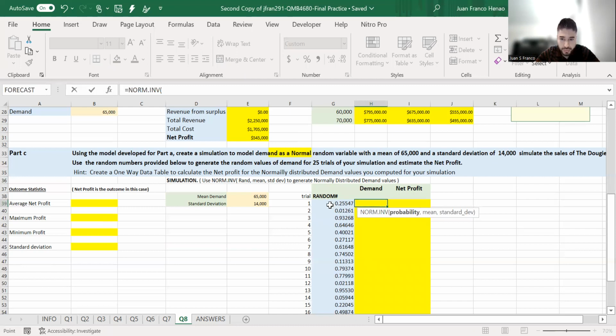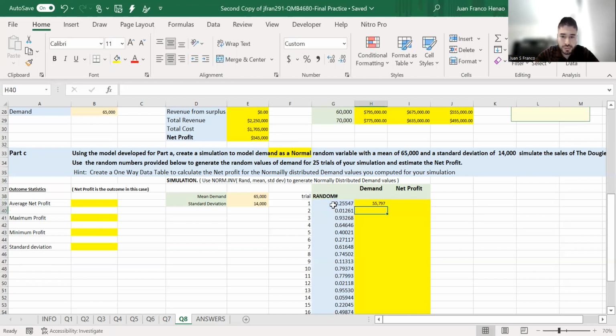We were given the probability, so let's reference it. We were given the mean of 65,000 and then the standard deviation of 14,000. So let's close it. We don't need to fix anything because we hard code the values. Okay, let's drag it down.